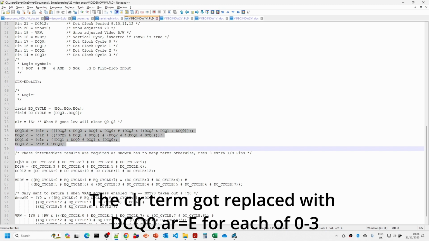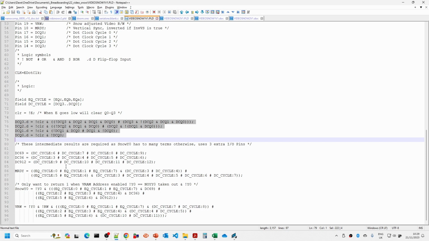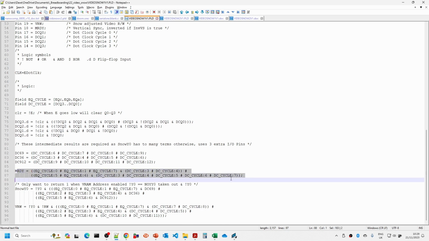Then we've got our intermediate terms. These are the dot clock cycle 6 or 7 or 8 or 9, and 3, 4, 5 or 6, and 9 to 12. With these extra OR terms here, they would explode the number of combinations, and the PLD wasn't capable of storing those combinations. MRDY had a slightly simpler one, so those can all be done within here.